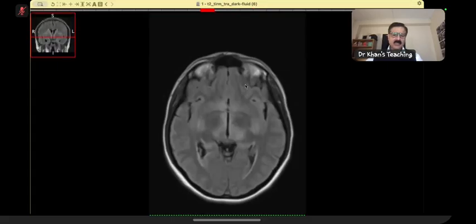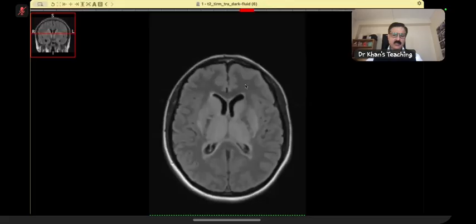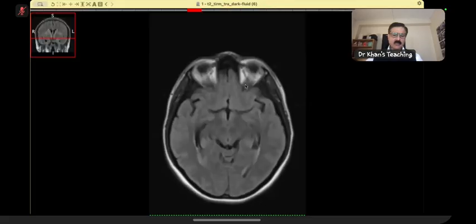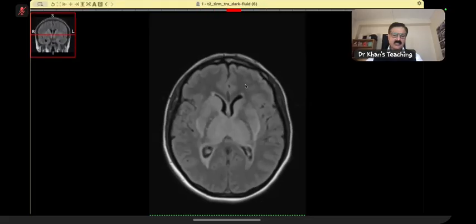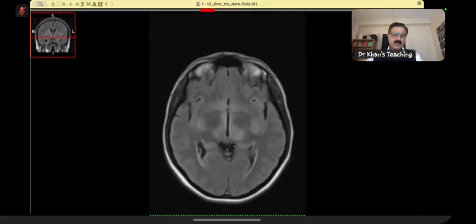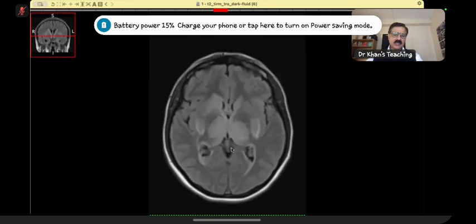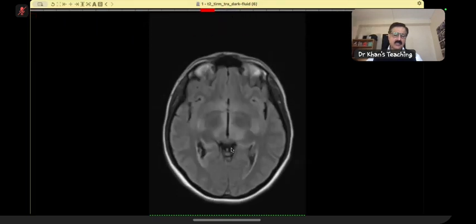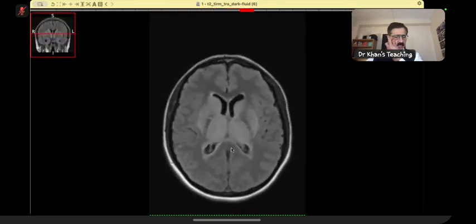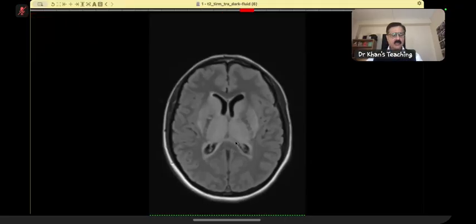And so what is happening is that on this FLAIR sequence, please remember the anatomy. The internal cerebral veins drain into the vein of Galen, which goes into the straight sinus, and then the superior sagittal sinus.